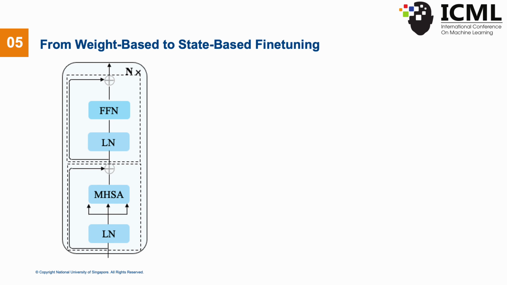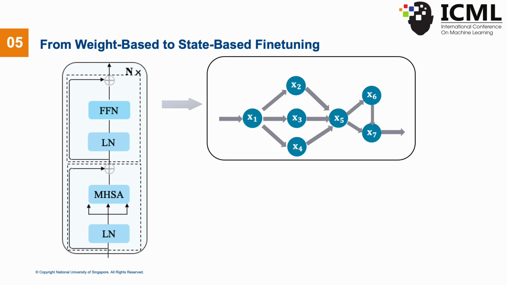The link to the feedback control actually motivates us to shift our focus from weight-based to state-based fine-tuning. For example, in the classical understanding of a neural network, it is considered as multiple layers where each layer consists of multiple weight matrices. But instead, we can consider each layer as a flow map, where the state of the input flows through the graph and generates some output state.